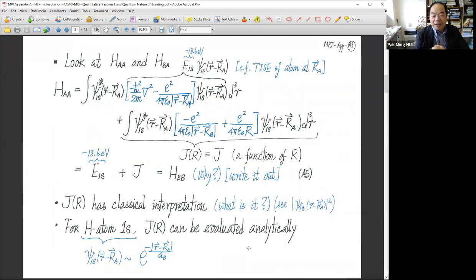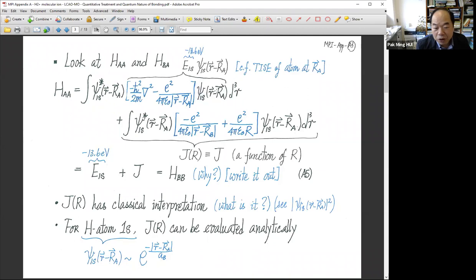So it is time to look at how quantum this whole business really is. So let's work out a few matrix elements. For example, HAA. I have 1s on the left, 1s on the left on both sides.